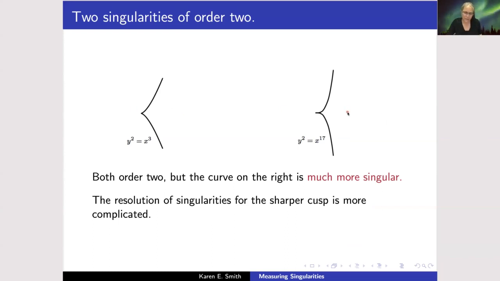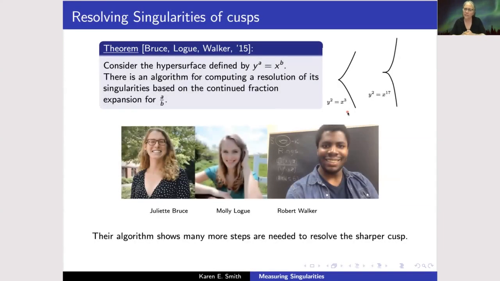So just to justify a little better what I mean by the curve on the right being more singular: intuitively, you see it's sharper. But also, I like to brag about my students' work. These students on the screen are no longer students. Juliet and Robert are both postdocs, and Molly's a software engineer.